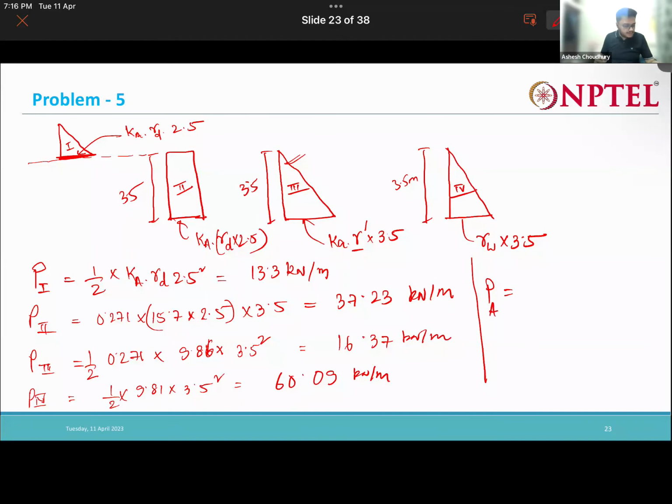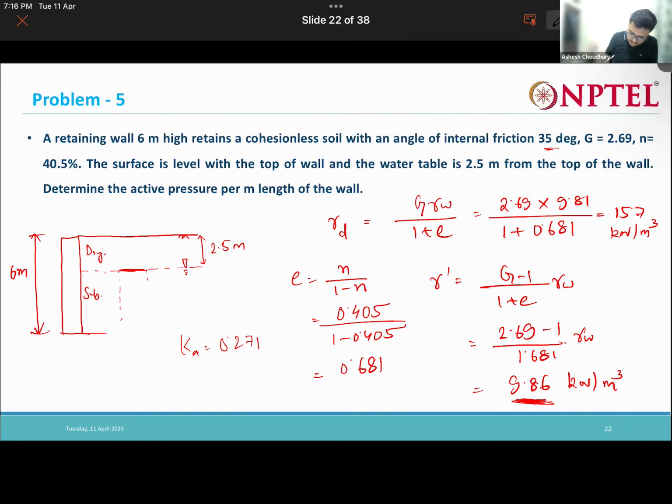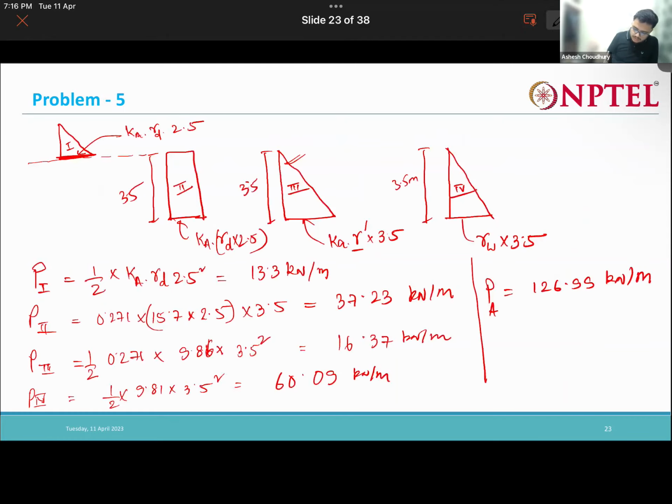So what is the total PA? 126.99, right? If we add all these, P1, P2, P3, P4, the total P is this one.